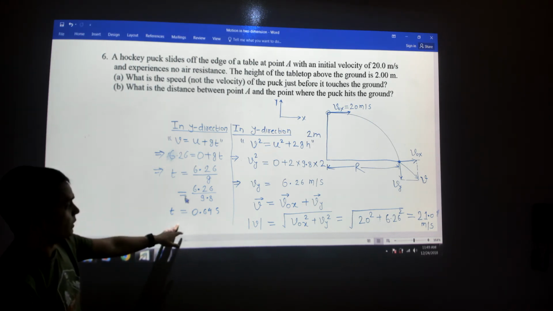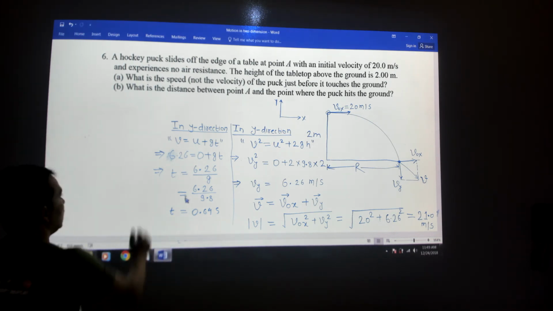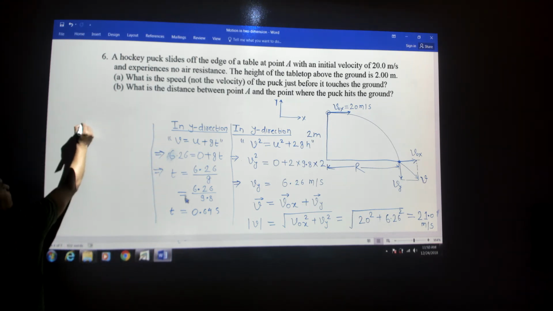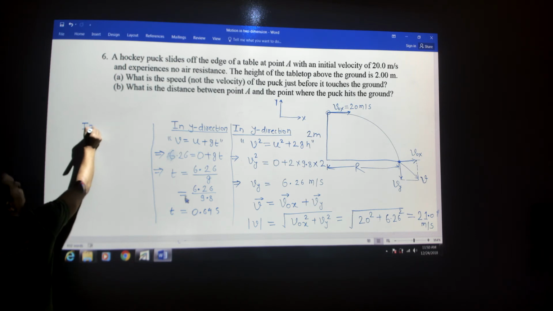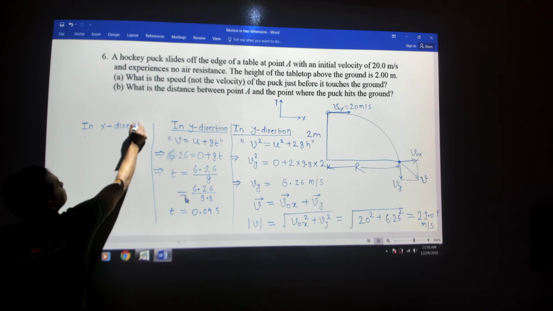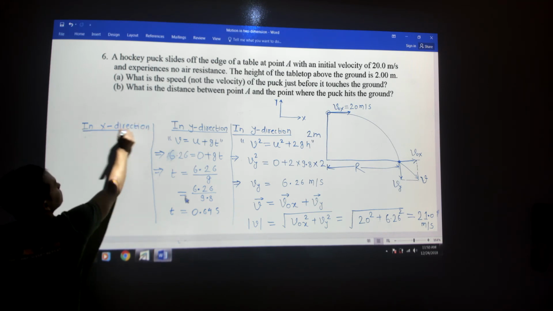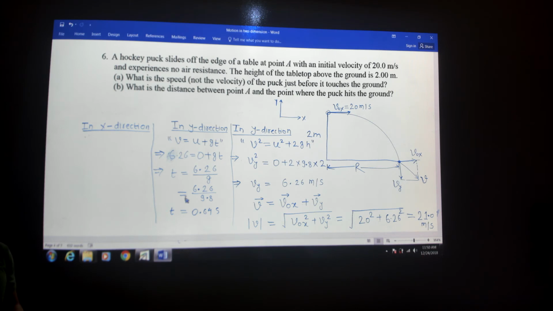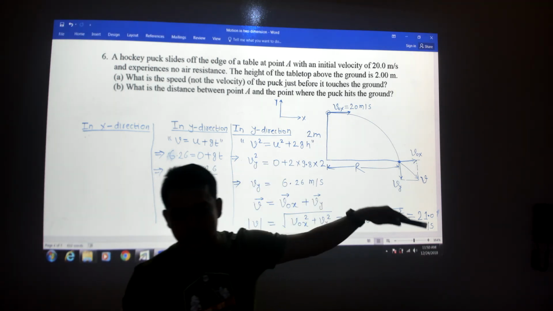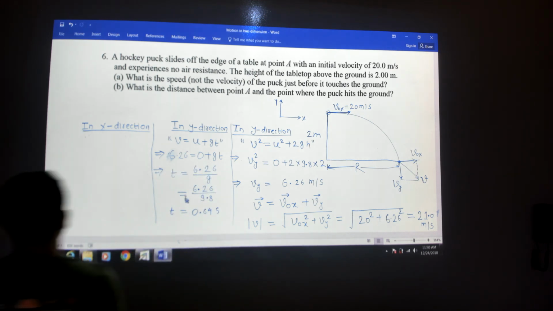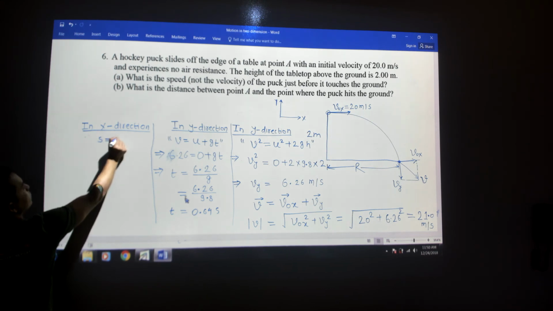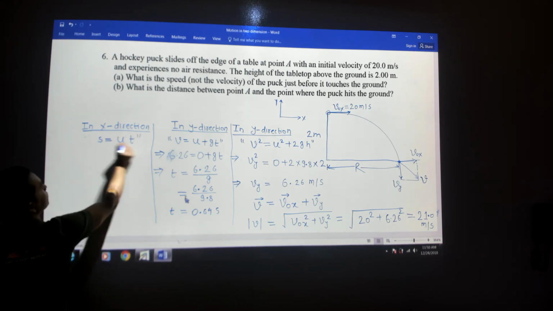So you know the time now. So how do you calculate the horizontal component, the range, in the x direction? You see, along the x direction, it is moving with a constant velocity. So I can use the relation distance is equal to velocity times time.